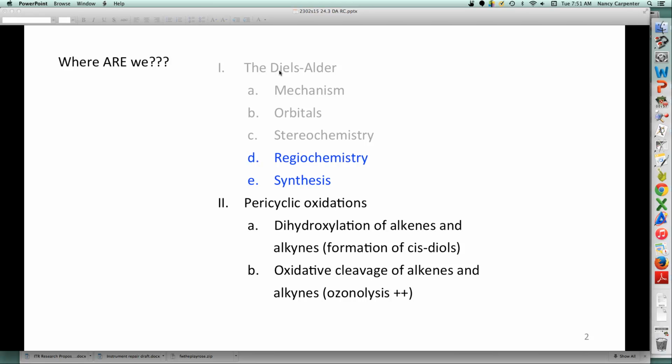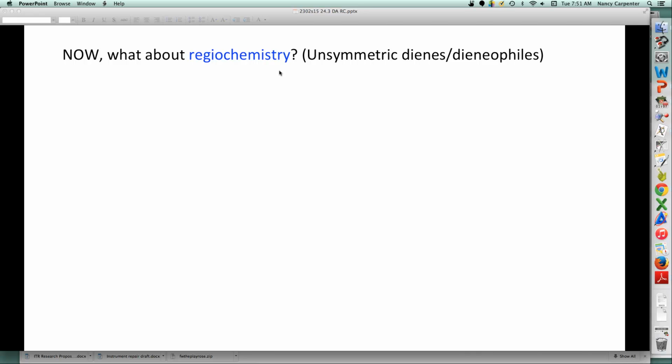So now we're going to look at regiochemistry and synthesis. The rest of the chapter is really focused on oxidations, so this will wrap up our Diels-Alder. The nice thing about regiochemistry is that it really makes sense.